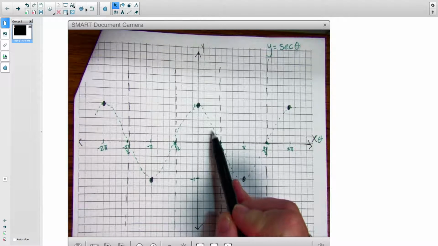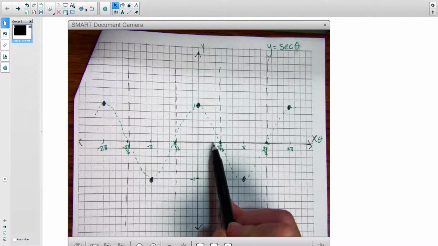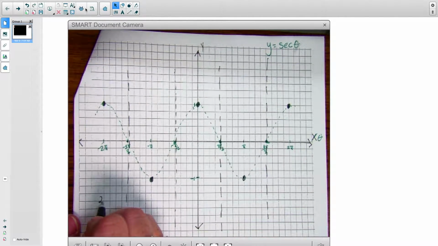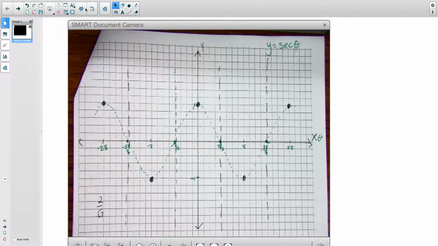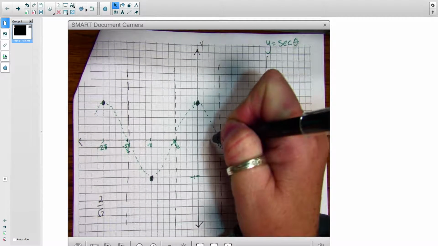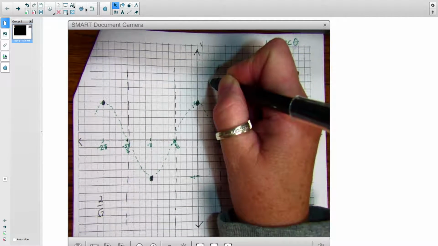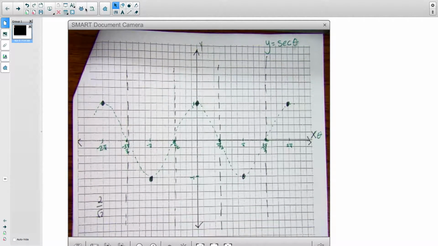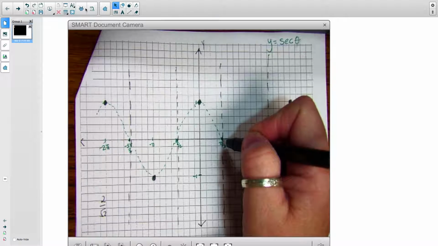But remember at pi over 4, we had square root of 2 over 2. Take the reciprocal, which is 2 over square root 2. Someone give me the decimal equivalent. So it's bigger than 1. At pi over 4, it's larger than 1. So in between these asymptotes, do you see u's?